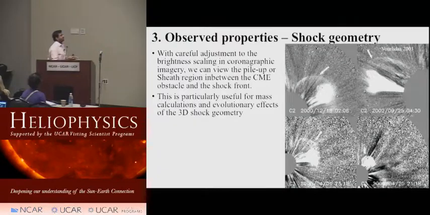You have coronagraphic images, and often, especially if you go in through the ISO system and just look at the JPEGs, you'll see the CMEs. But if you go into the FITS files, the raw data, you can change the color scaling and basically oversaturate the CME, because you don't care about that. Then you can pick out other highlights and intensities, which are actually the shock sheath region.